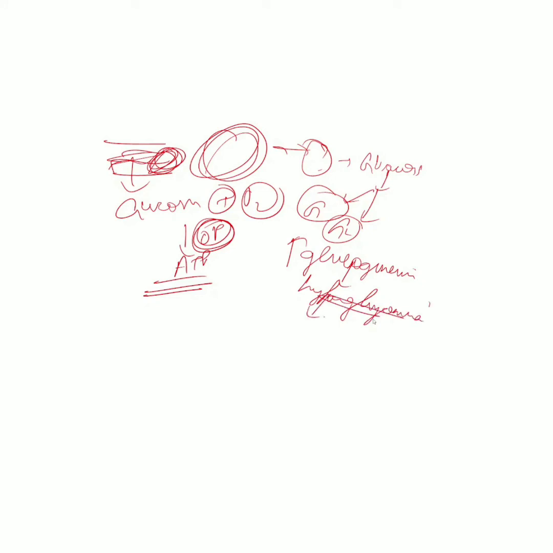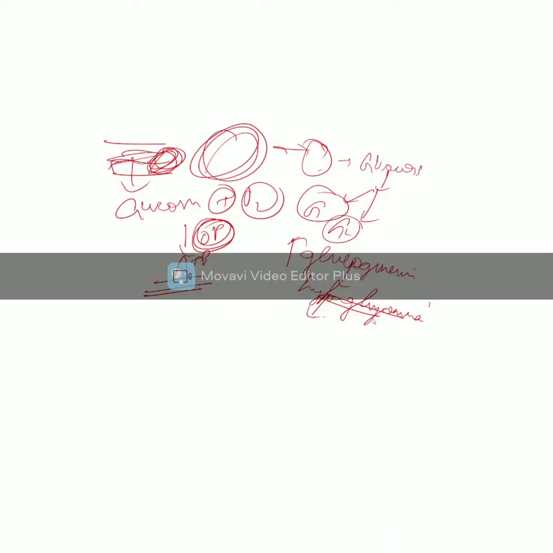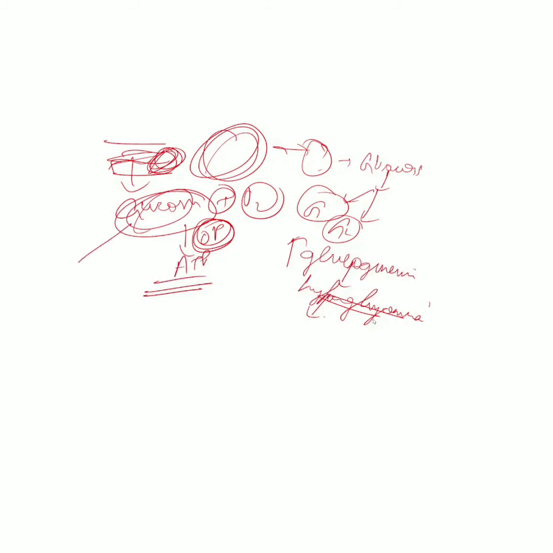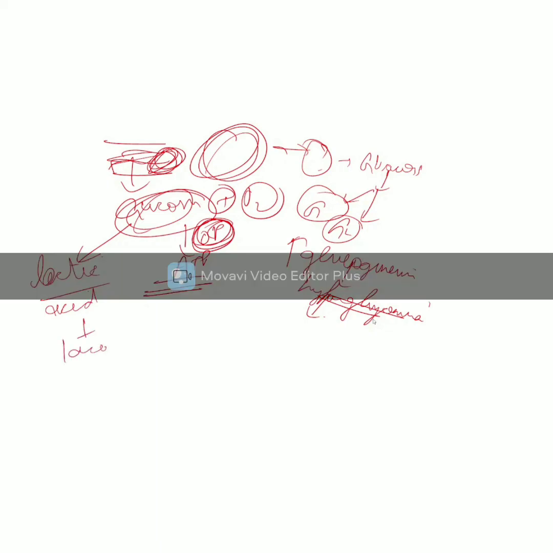And even the production of insulin decreases. But what is happening? This glucose should get converted into something. No, it gets converted into lactic acid because there is no oxidative phosphorylation. It gets converted into lactic acid that results in lactic acidosis.